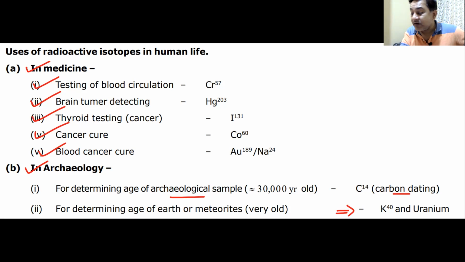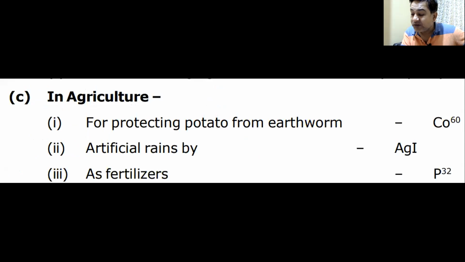Again, you will have to remember these points. I can't help you in remembering them. The only way I will tell you is make a list, keep it close to you wherever you can see it. The third type of use is in agriculture: protecting potato from earthworm, artificial rains, and fertilizers. Again, this might not be so useful to you. The point that is going to be useful to you is medicine.